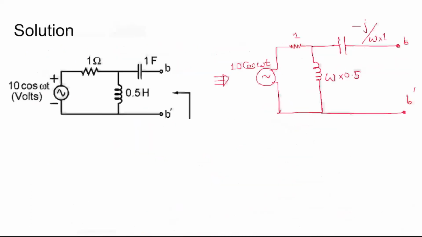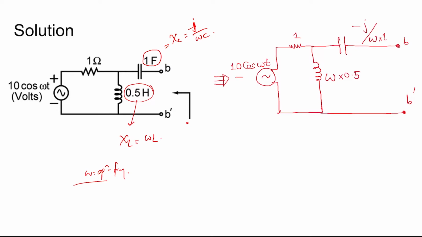Coming to the solution, this is the circuit given, and we know that the impedance offered by capacitance is XC equal to minus j by omega C, and that offered by the inductance is XL equal to omega into L, where omega is the operating frequency.